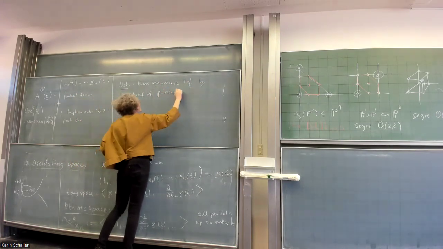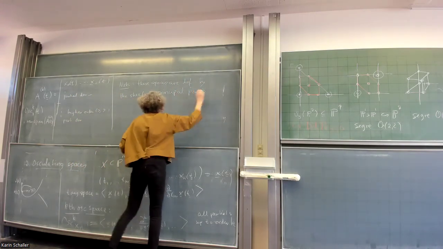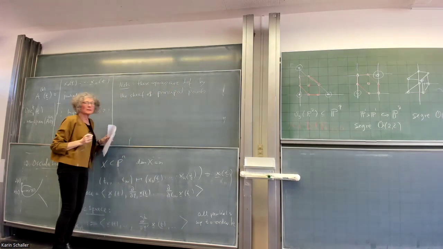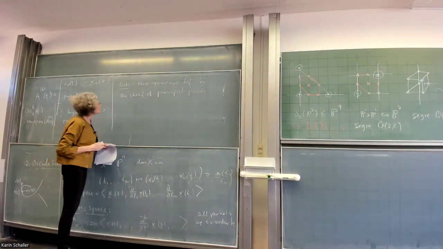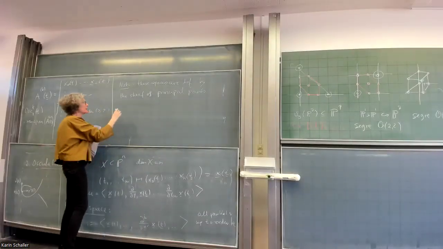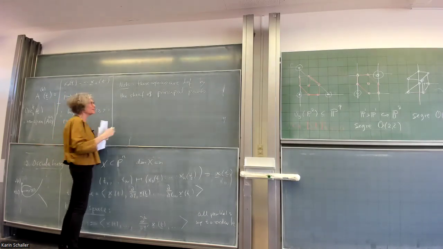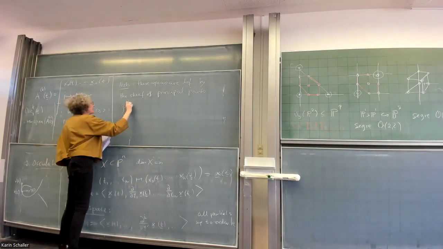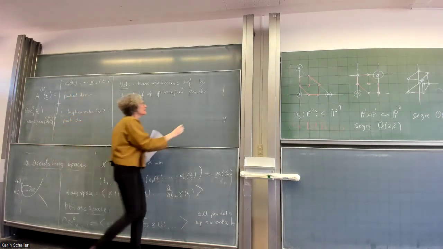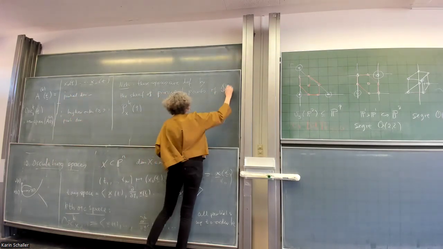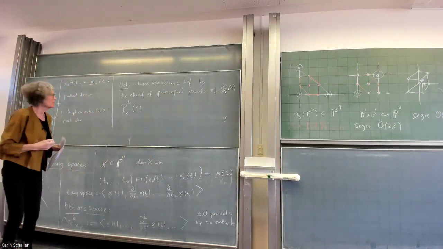I'm not going to use it except that it exists. It's EGA stuff. If you look in volume 4 of EGA, you'll find everything you need to know and more. More than you need to know. P^k(X), and this is O(1) because I'm taking principal parts of the line bundle of X, which is just the restriction to X of O(1) on P.